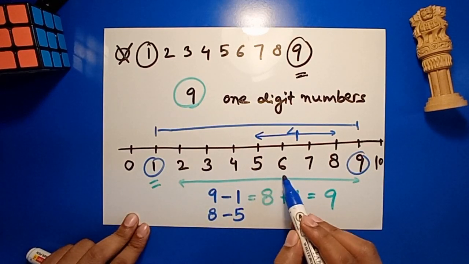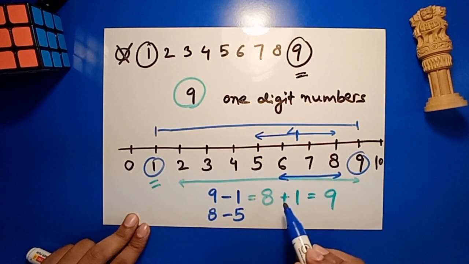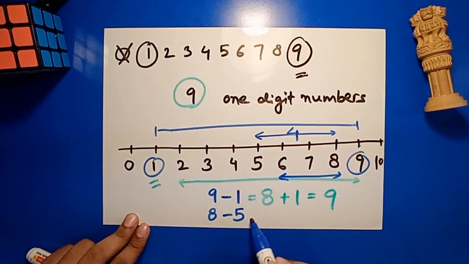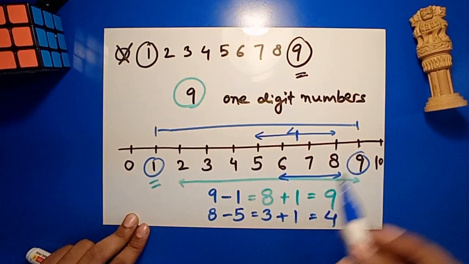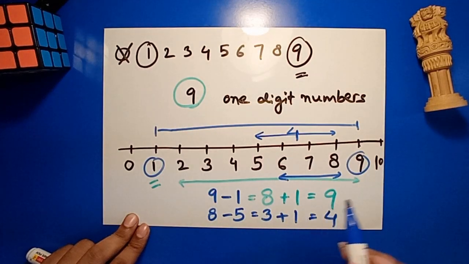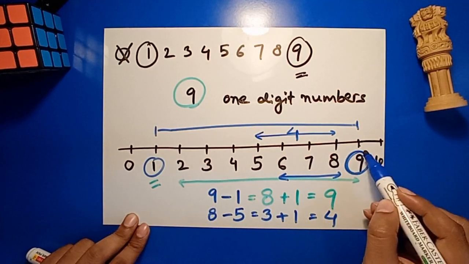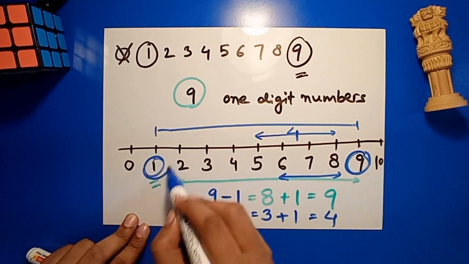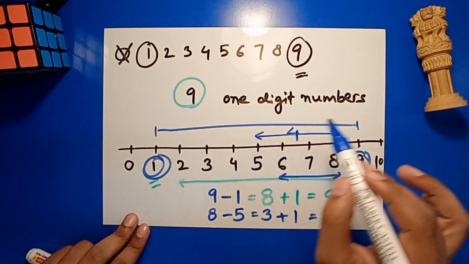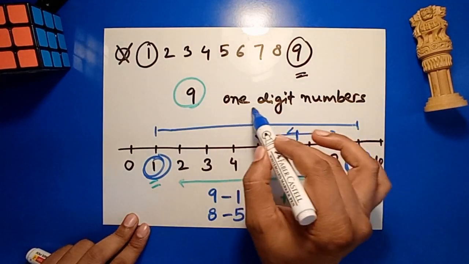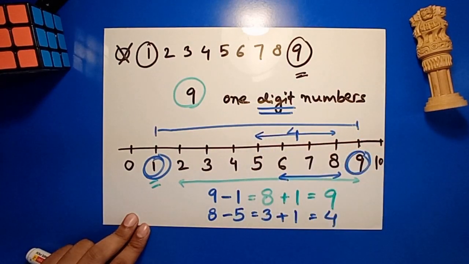What is left? 3 is left: 1, 2, 3. 8 minus 5 is equal to 3. Plus 1, put 5 back, equal to 4. So this formula we can use. The largest digit minus the smallest digit plus 1 will give me how many numbers there are for that digit.